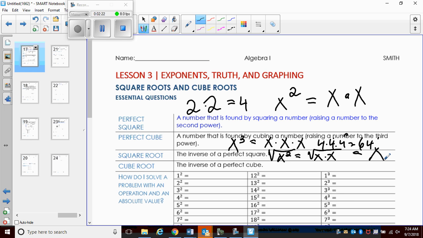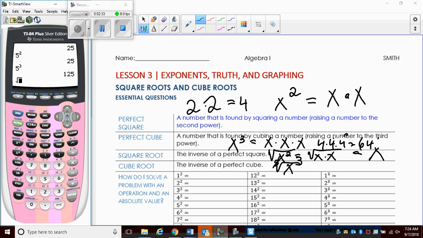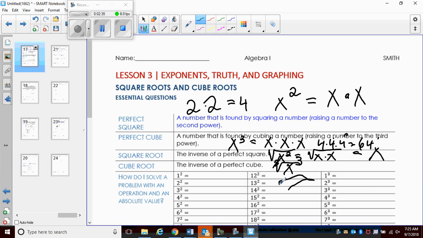For the cube root, it's asking how many triples? How many triples? So for the triples, I'm just going to write it above.